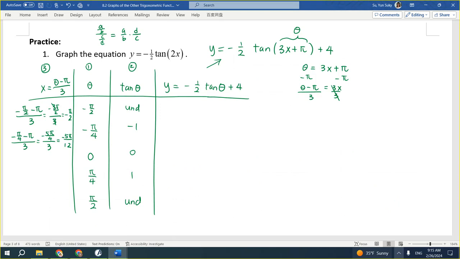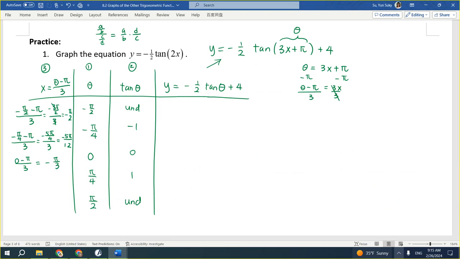Okay, and then continue. Next, we plug in theta is 0. So theta is 0 minus pi over 3. So it's negative pi over 3. Yes, everybody? Let me check.